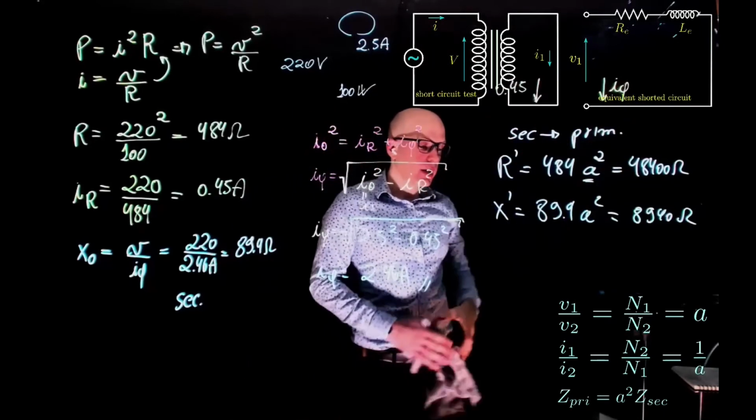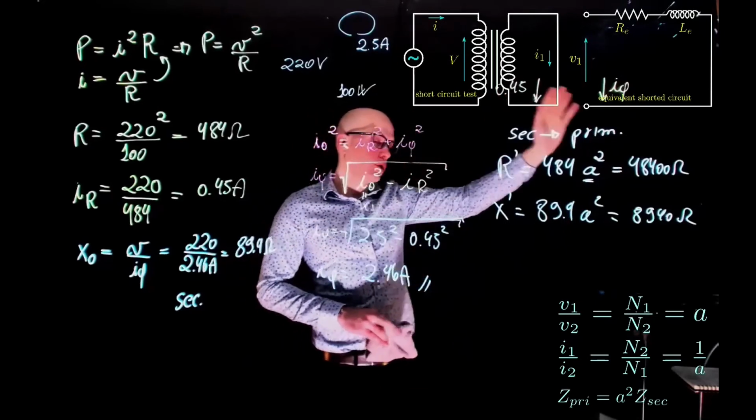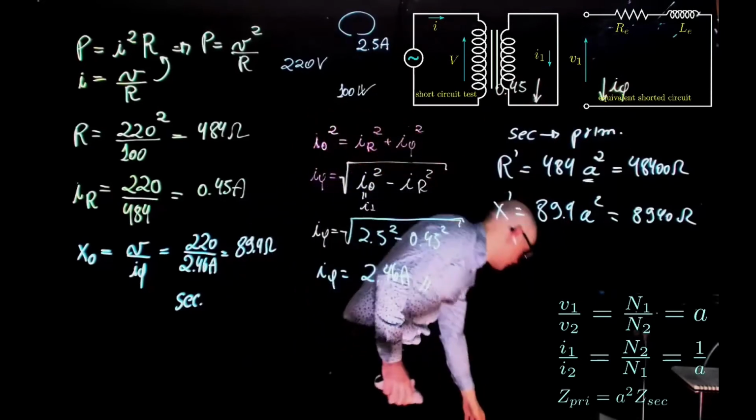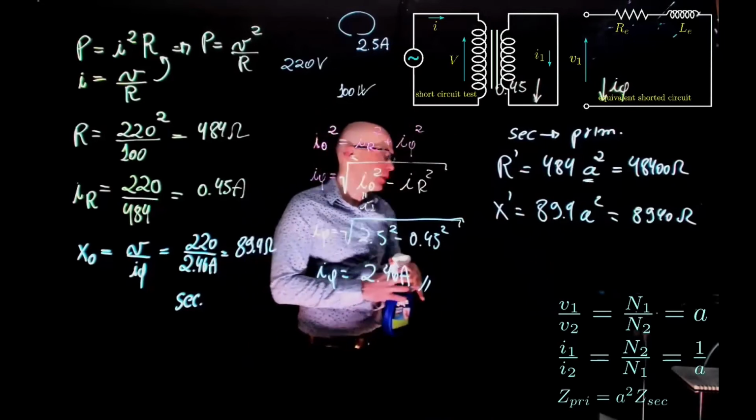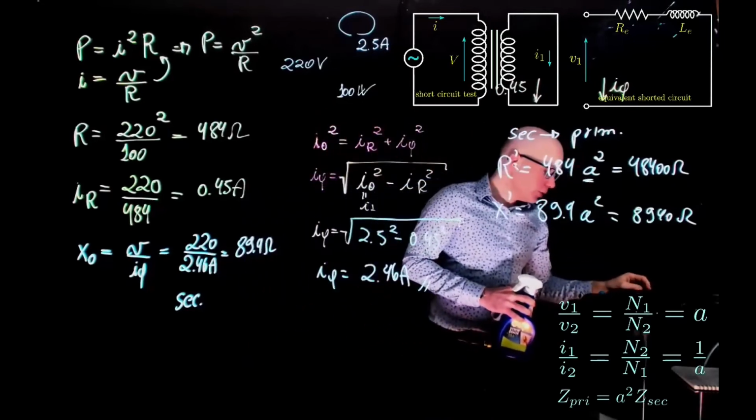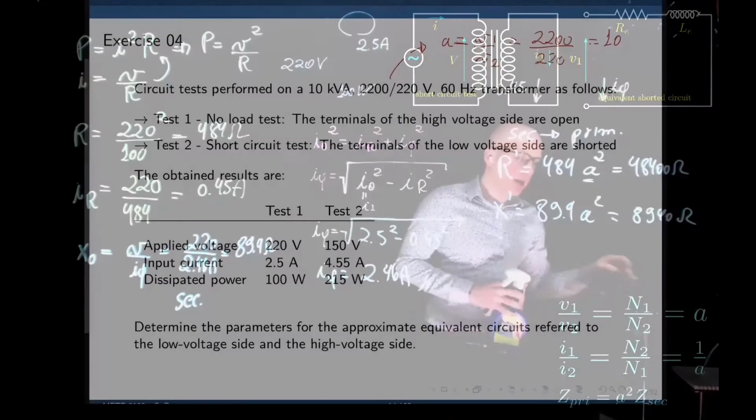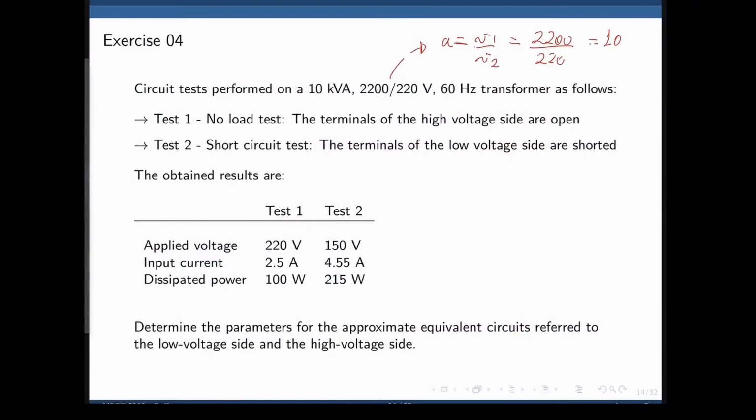The question is exactly the same now, but we are going to calculate that from the secondary windings perspective. See if you can do it as I erase the light board. Now, the idea is a bit different because we are creating a short circuit in the secondary, so there's a lot of current flowing from the primary to the secondary.